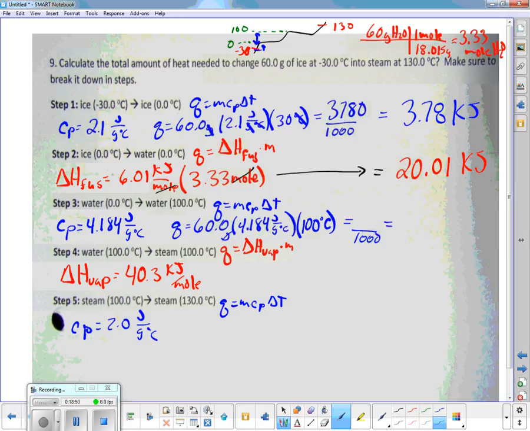So grams are going out, degrees Celsius are going out. 60 times 4.184 times 100. You could divide it by 10 at the end instead of timesing it by 100. 25,104, so 25.104 kilojoules.